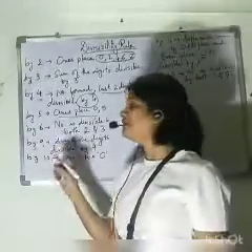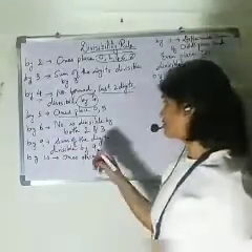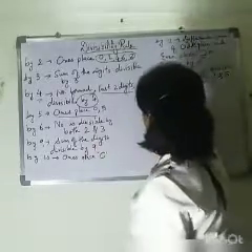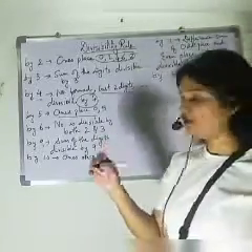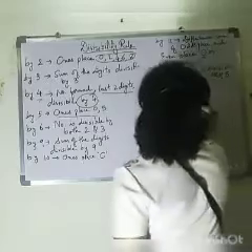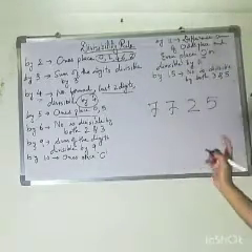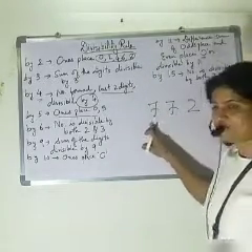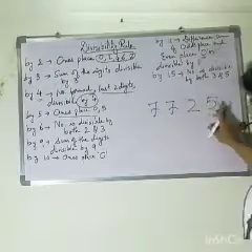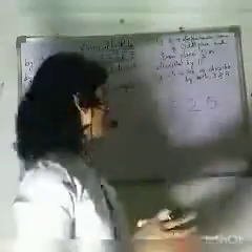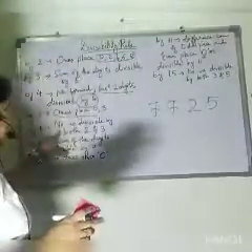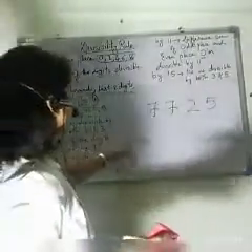How will we check if a number is divisible by 6 or not? Suppose we take one example, 7725. Can you see that number? 7725 is the number. Now what is the rule? The rule is the number must be divisible by both 2 and 3.